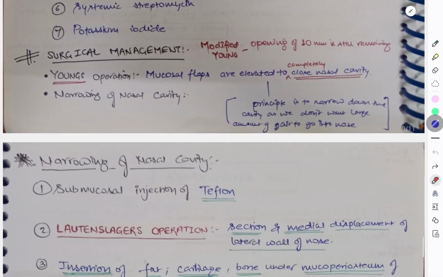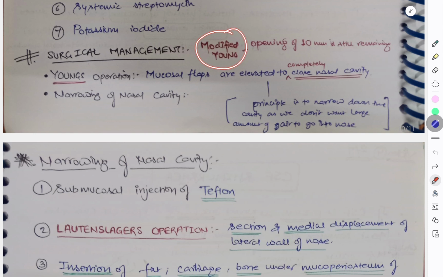In surgical management, what we need to do is Young's operation. In Young's operation, mucosal flaps are elevated and the nasal cavity is completely closed. But this is not that good, because completely closing causes some difficulty in breathing.